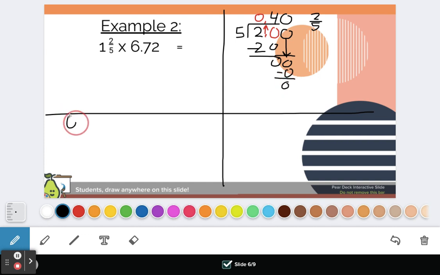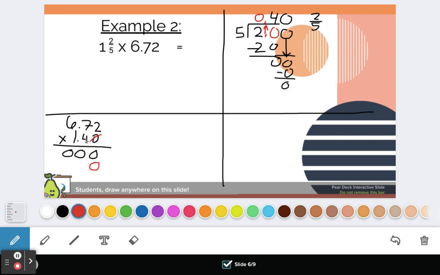So then I'm going to have 6.72 times my 1.40. Okay, so now I'm going to have 2 times 0 is 0, 7 times 0 is 0, 0 times 6 is 0. I'm going to have my placeholder. Remember, I'm done with this one.